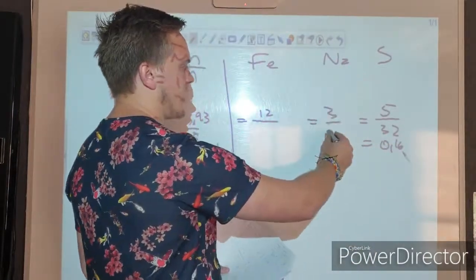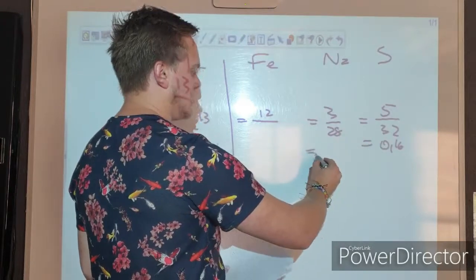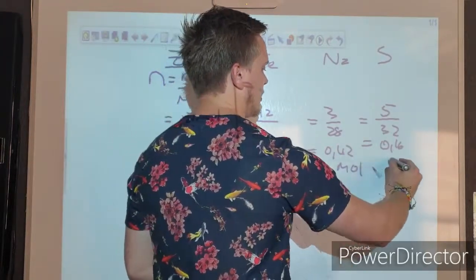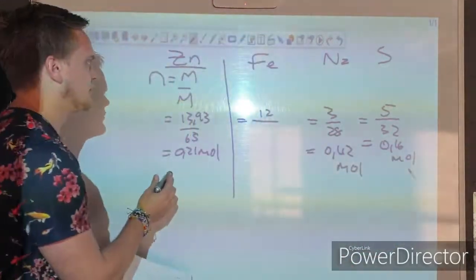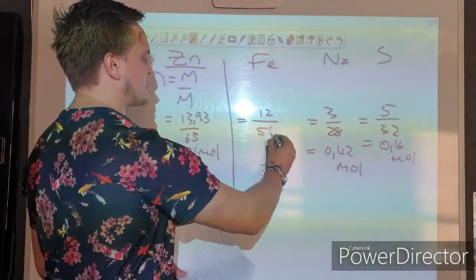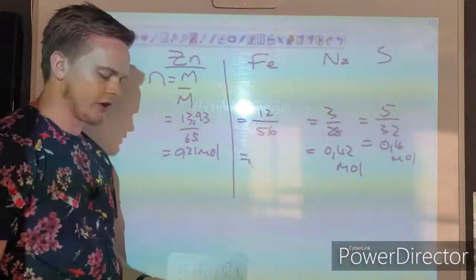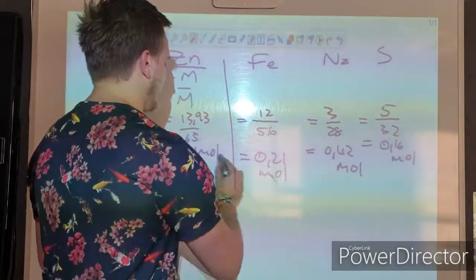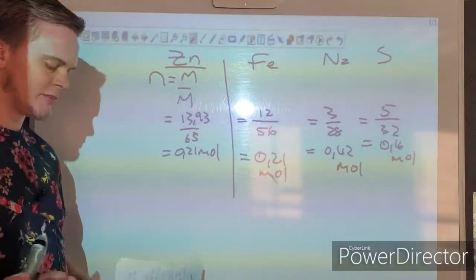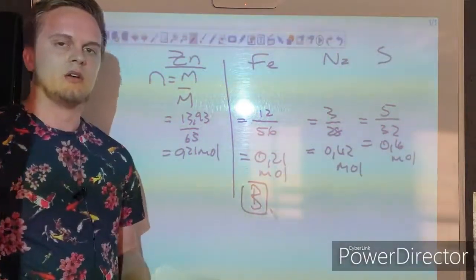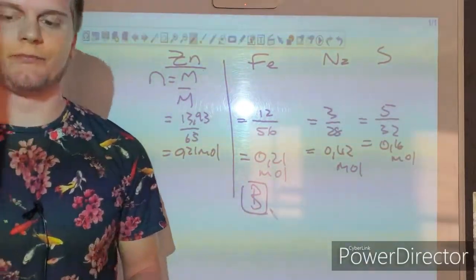Nitrogen, because it's a diatom, it's 28, so the moles will be 0.42, and that's still not equal to that of zinc, but iron is 12 divided by 56. It's 12 grams, 56 on the periodic table, and then you get 0.21 moles. So equal moles means equal amount of particles, thus option B will be your correct one for this question.